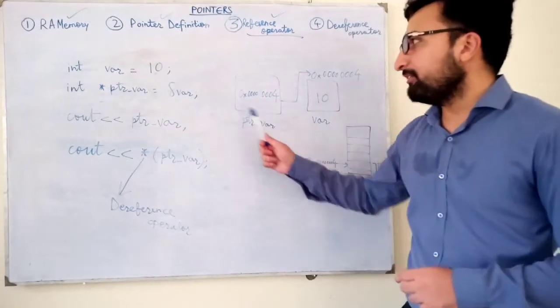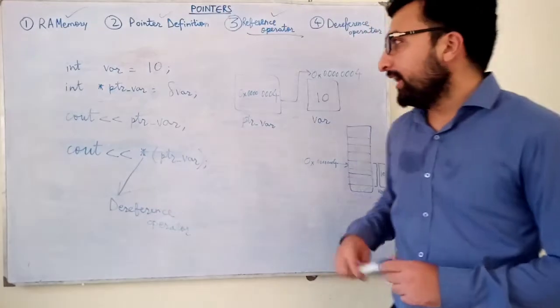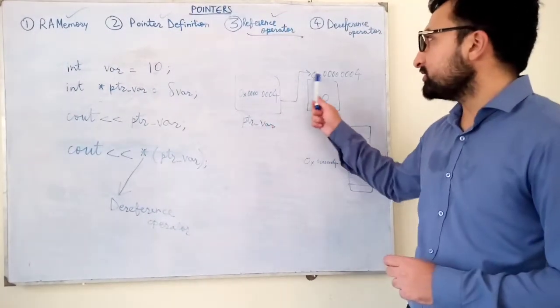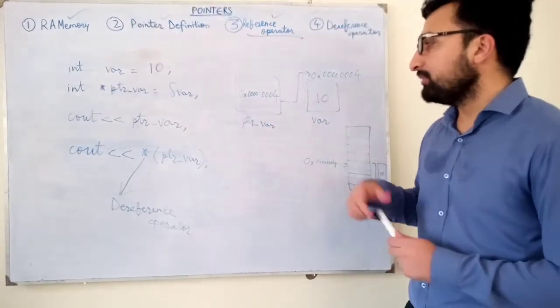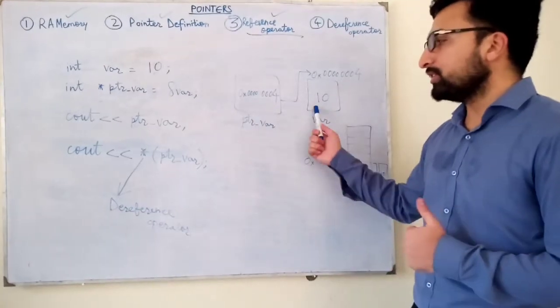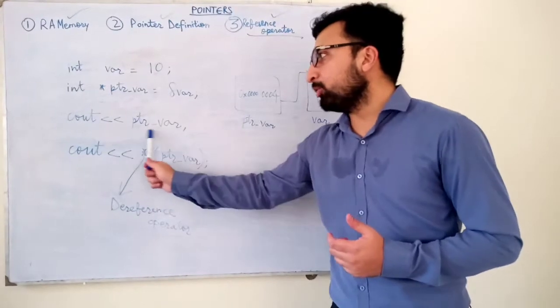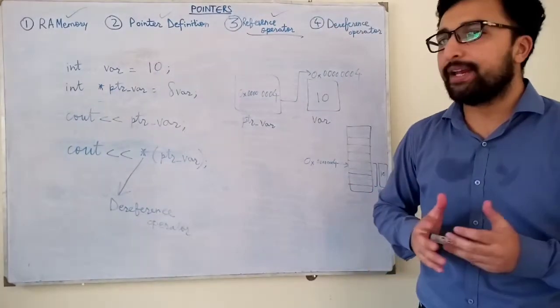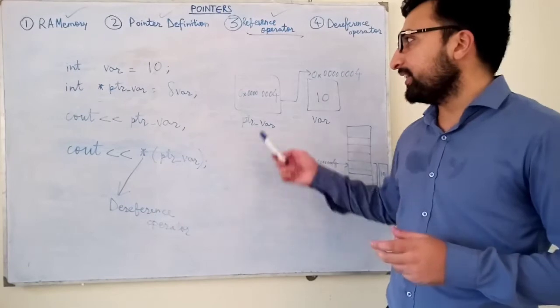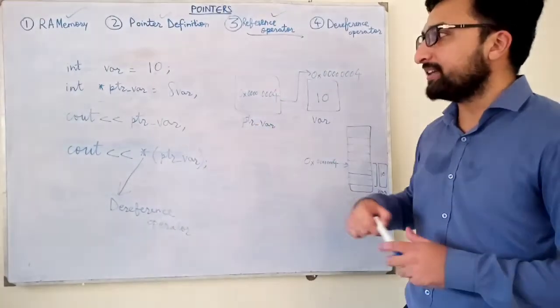So when we write this line of code, the pointer variable holds the address of this variable. It means that this pointer points to this variable. So when we write cout ptr_var, it displays this particular address.